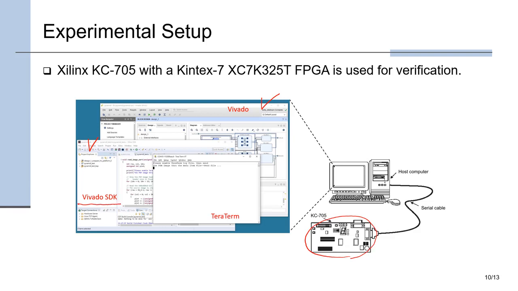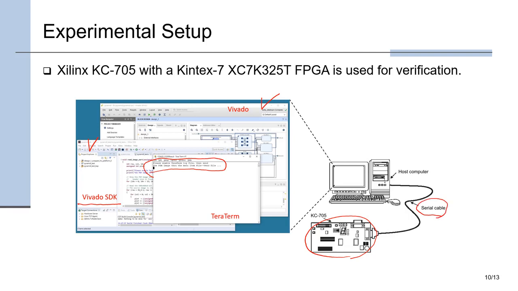Once you execute the software, you will see a prompt in a Teraterm terminal or any terminal emulator you want. The prompt asks you to send an image file to the development board through the serial cable for processing.